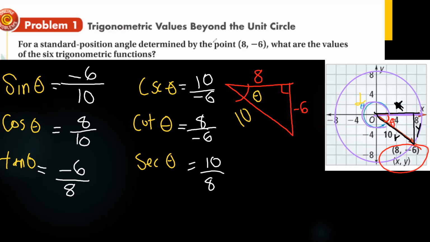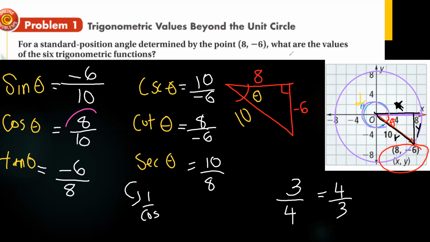How is the reciprocal the hypotenuse? If you have 3 over 4, what is the reciprocal of 3 over 4? 4 over 3. Okay. So the secant is 1 over cosine. Since cosine is 8 over 10, its reciprocal will be 10 over 8.